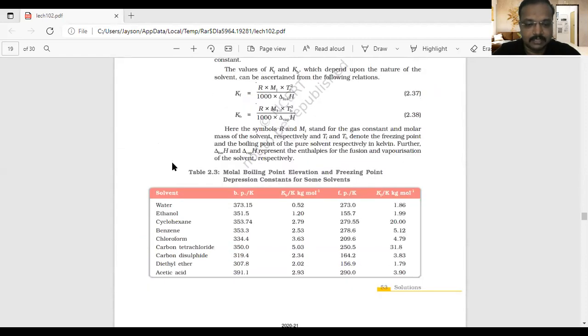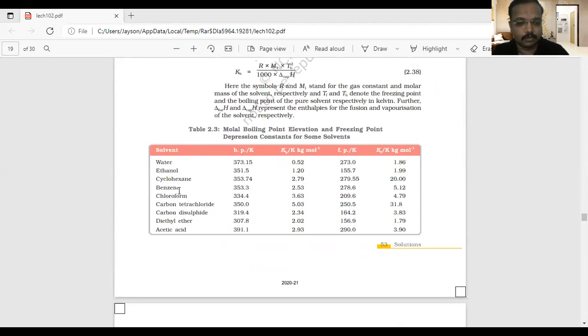See children, here we have a table given in the book, that is boiling point elevation and freezing point depression constants for some common solvents: water, ethanol, cyclohexane, benzene, chloroform, carbon tetrachloride, carbon disulfide, diethyl ether, acetic acid. Their Kb values and Kf values are given. Suppose it is not given in the question, you can find it from this.